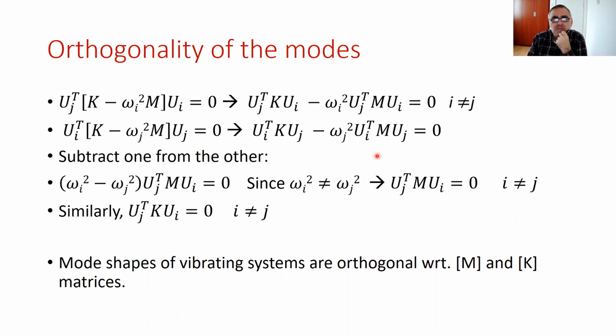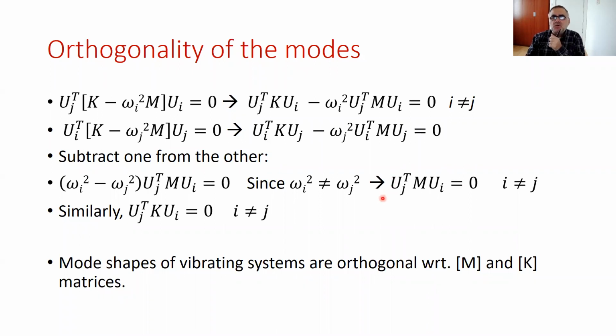And if you substitute it here, this is 0, then you find that ui transpose K uj is also 0. So we have proved that mode shapes of vibrating systems are orthogonal with respect to mass and stiffness matrices. That is, if you take mass and stiffness matrices of vibrating systems, and if you find the eigenvalues of those systems, you will find that these eigenvectors or mode shapes satisfy the following property.